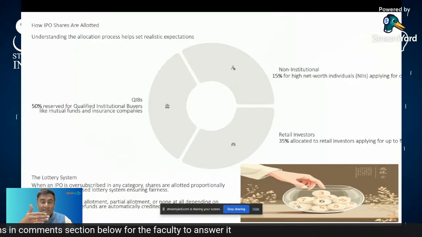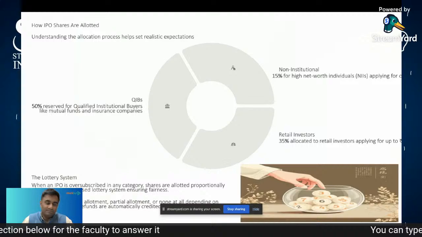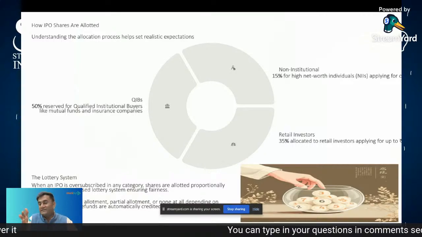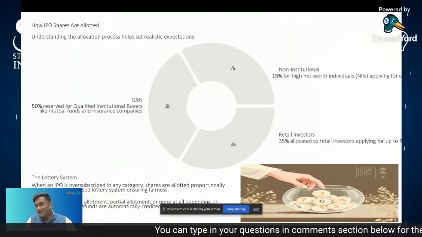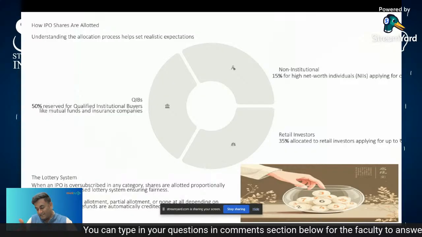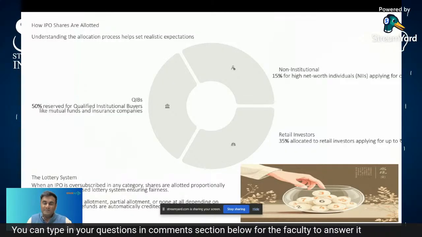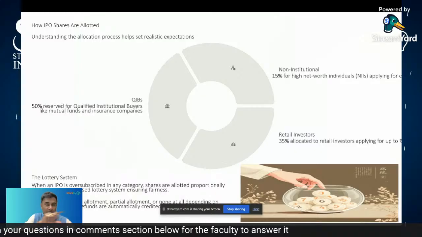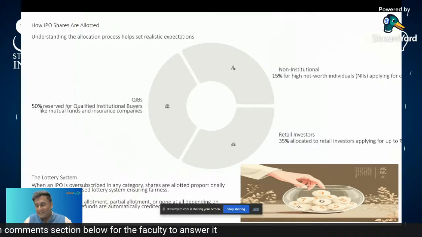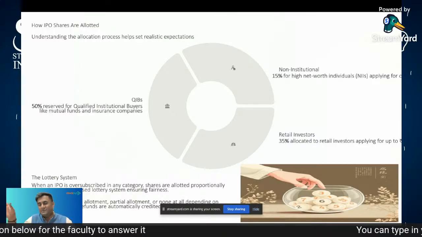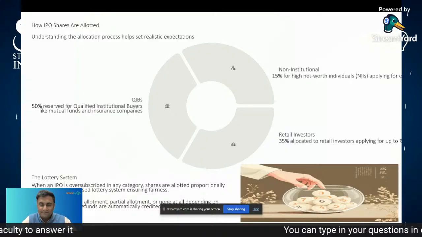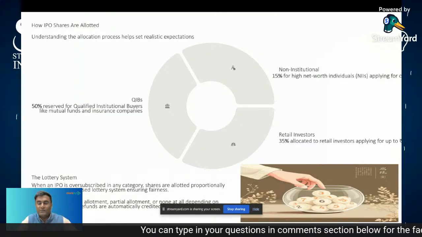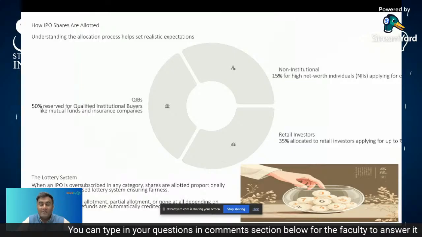When you read the draft red herring prospectus, if you see that the company's retail quota is 10%, it simply means it is not a throughout profit-making company. It has either had one bad year or has been a loss-making company. So that's a simple hint or a shortcut for you. It will save you a lot of time with your research.